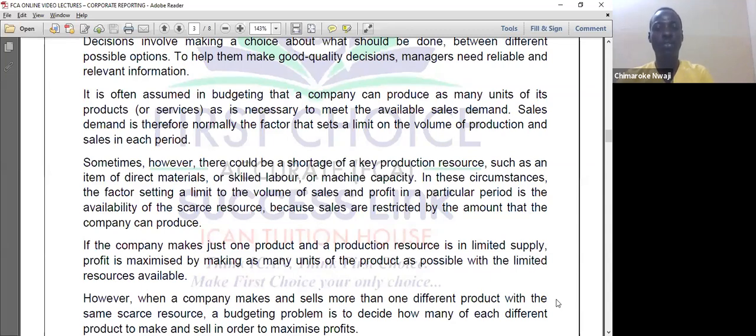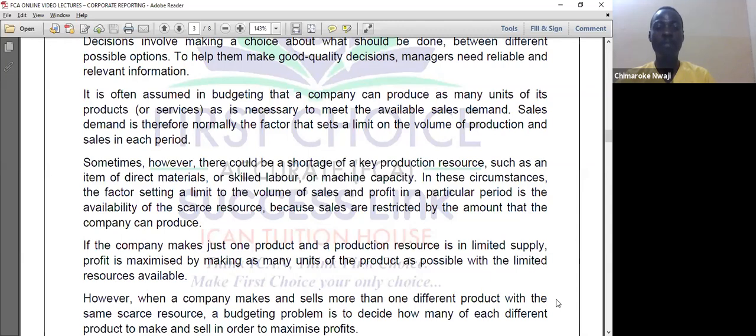You cannot use them to produce the 1,000 loaves of bread and the 1,000 pieces of cake. So how can you use this limited factor of production to satisfy your customers in such a way that you will make your maximum profit? That is what this lecture is going to answer.